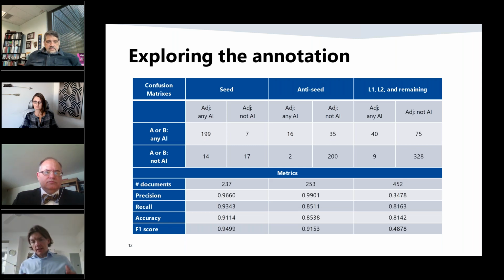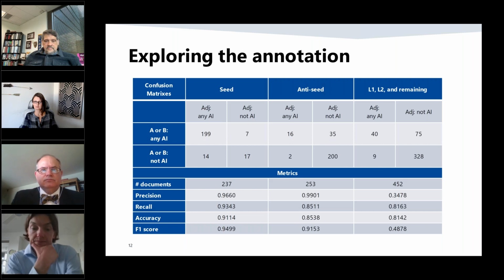This analysis is all at the aggregated level. We didn't do it for each of the individual component technologies. It's a resource constraint when we evaluated here with the adjudication. We just said, okay, you're AI if you're at least AI in any one of these, NLP or whatever.